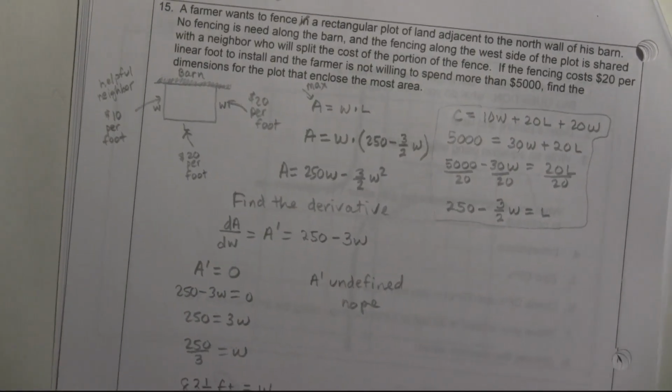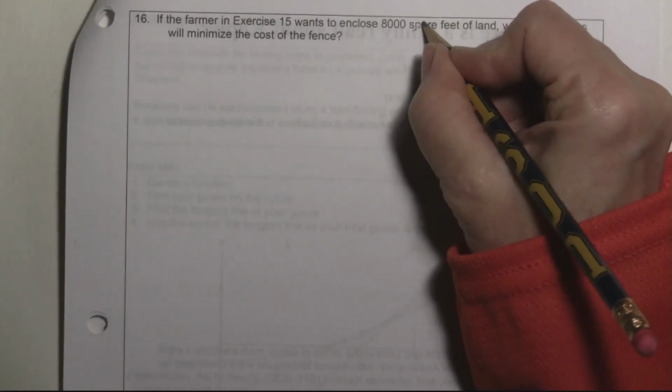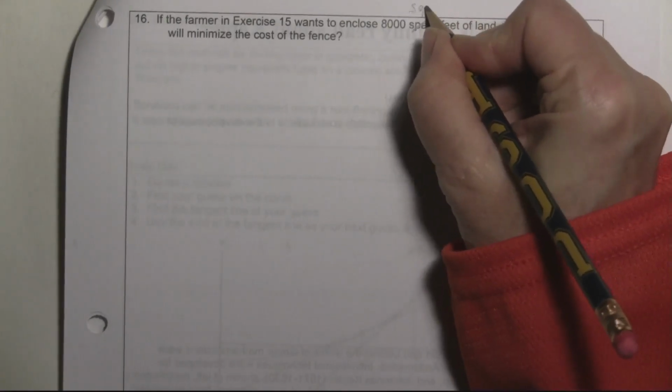And so the farmer says, what if I wanted to enclose 8,000 square feet of land? I knew that there was a typo on that, and I looked for it and could not find it when I was redoing these notes, and then I just found it when I was reading it really carefully.